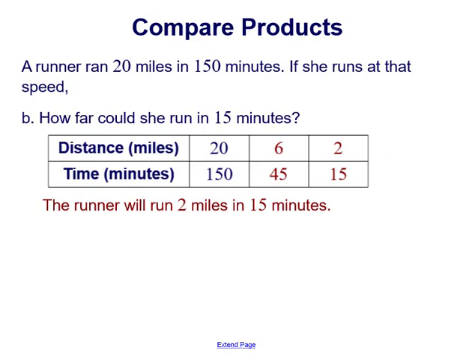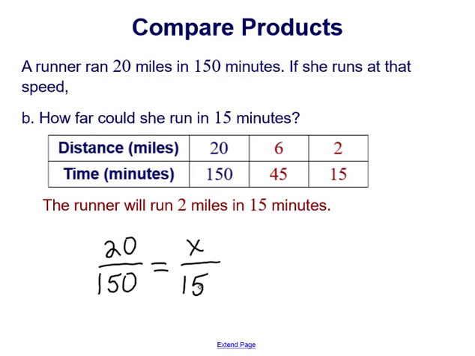For part B, she's still running the 20 miles in 150 minutes, but if she runs at that speed, how far could she run in 15 minutes? So again, we have miles over minutes, that should equal, well, now we don't know the miles, that's our unknown, but we know the 15 minutes.